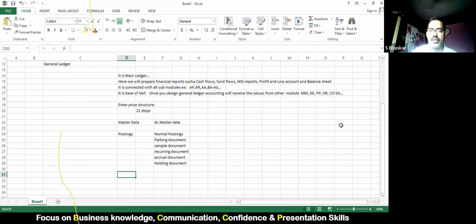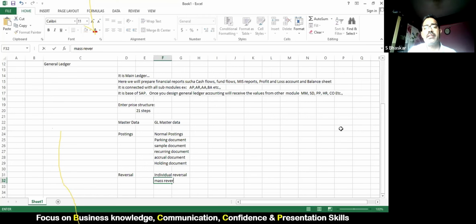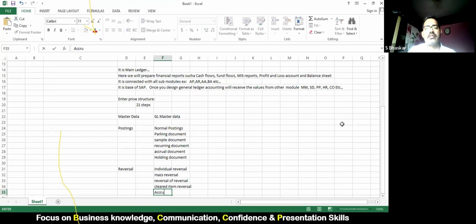So in real-time scenarios also, whenever you make any kind of mistakes, SAP provides different kinds of reversals: individual reversal, mass reversal, reversal of reversal, cleared item reversal, accrual reversal.